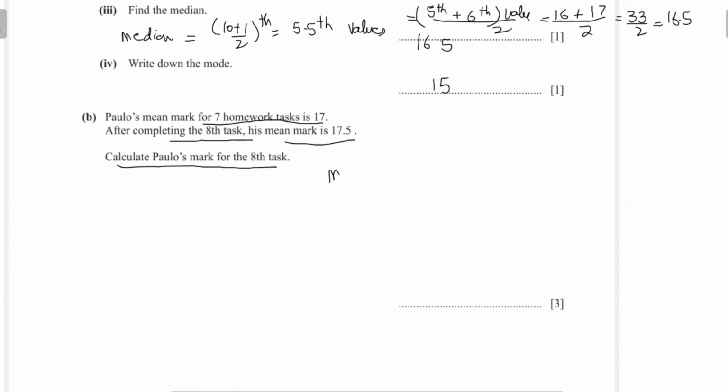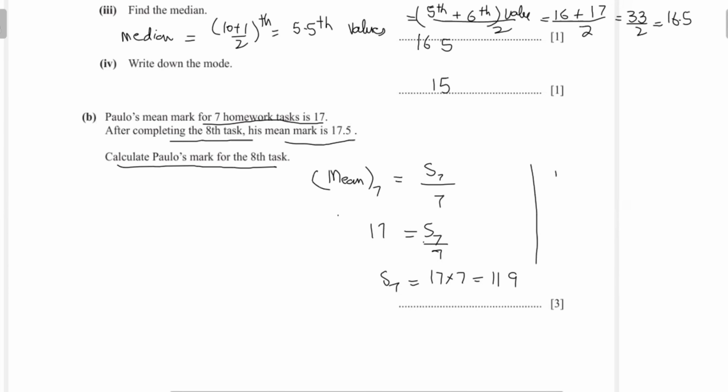The mean of 7 values is the sum of 7 values divided by the total values, which is 7. Therefore, we write S7. The mean of 7 values here is 17. Therefore, 17 equals S7 over 7, and the sum of 7 values is 17 multiplied by 7, that will be equal to 119.